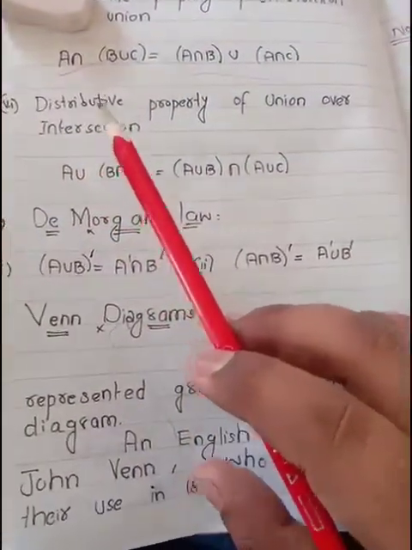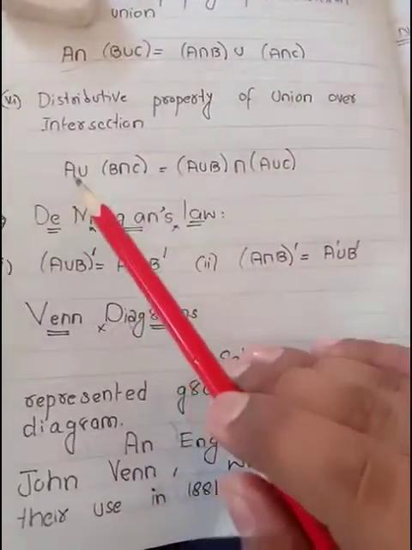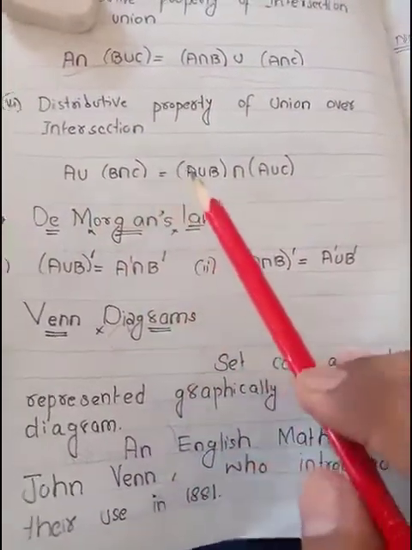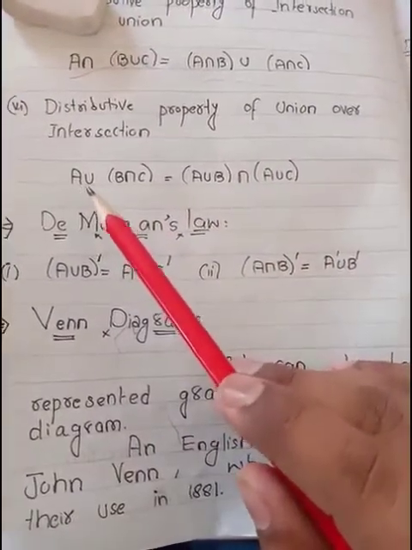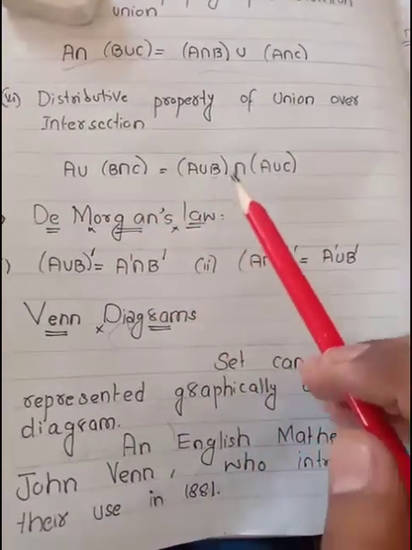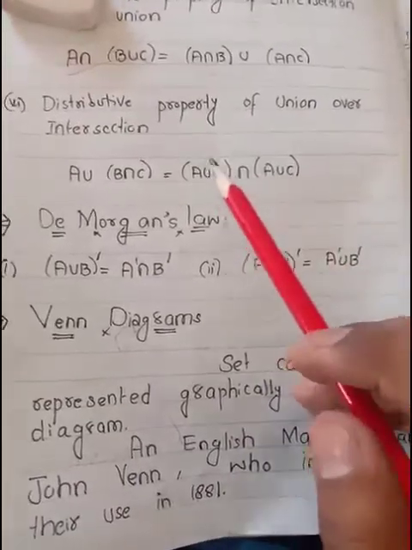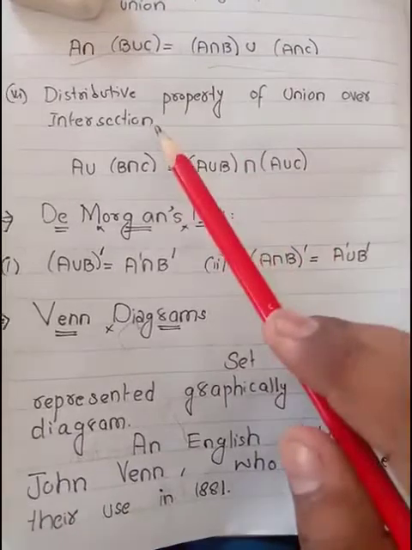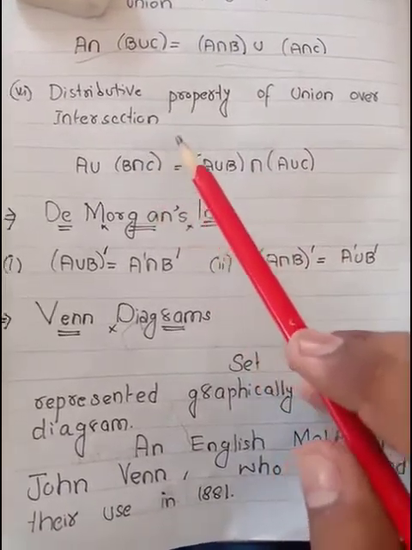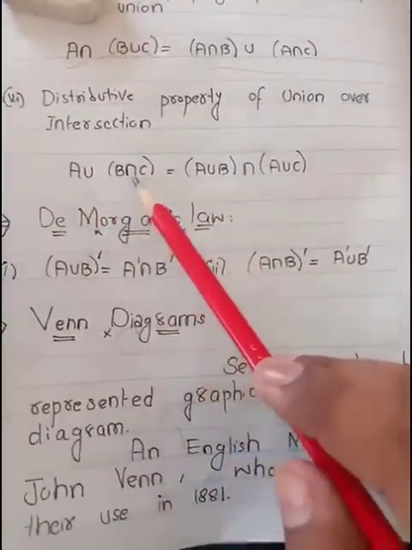In number 6 we have the distributive property of union over intersection. This is A union (B intersection C), and this side is (A union B) intersection (A union C). If we first find A union (B intersection C), and then find (A union B) intersection (A union C), the answer will be the same on both sides, because it is the distributive property of union over intersection. But first, remember in mind, this is the left hand side.